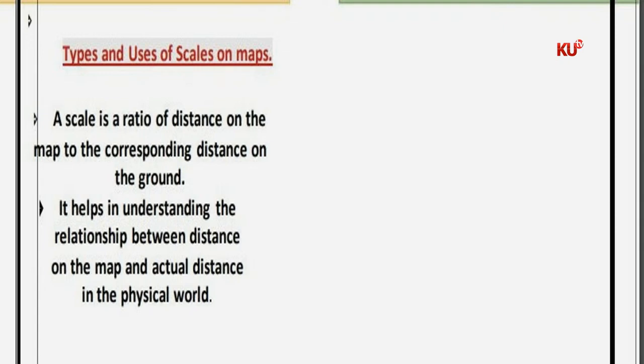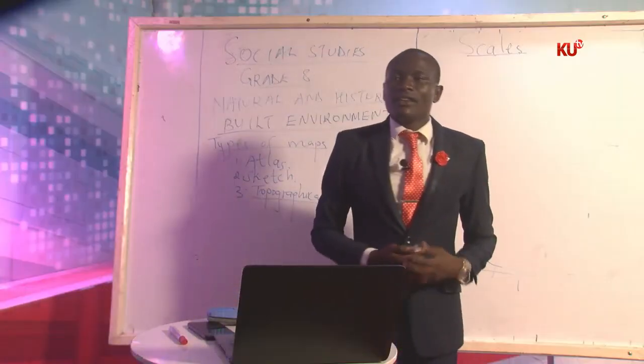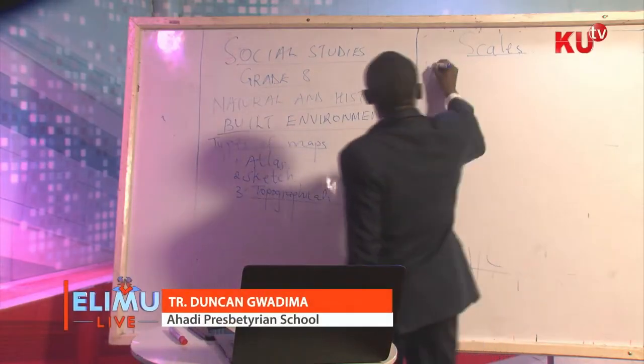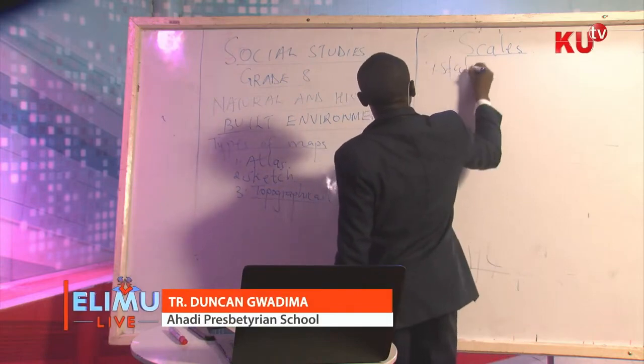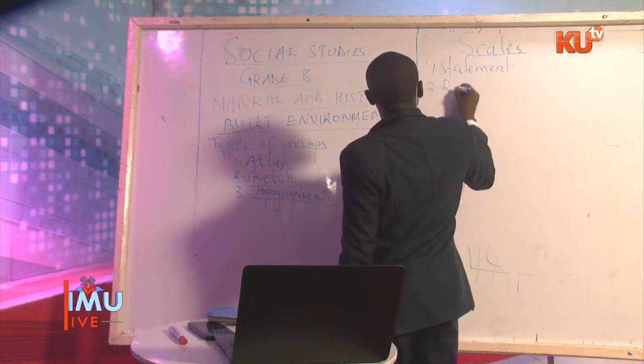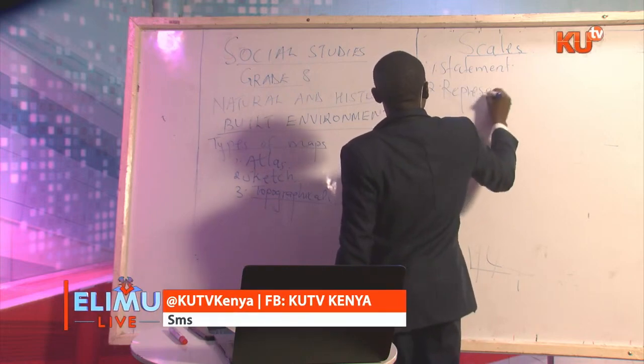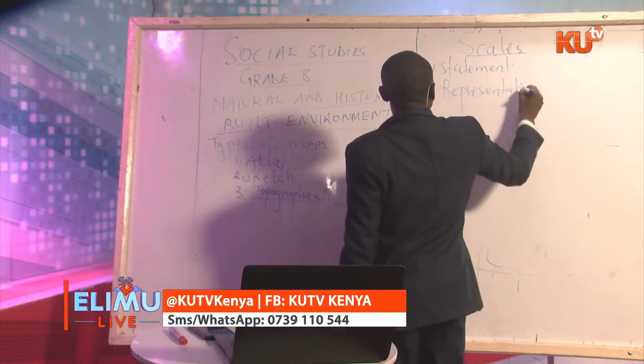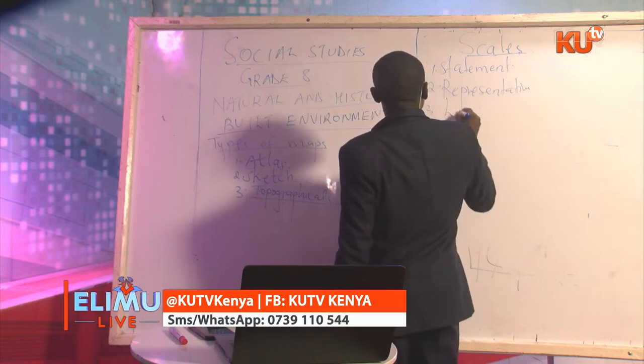Now, what are some of the scales you know? There are 3 types of scales. The first one, we have statement scale. Number 2, we have representative scale. And number 3, we have linear scale.